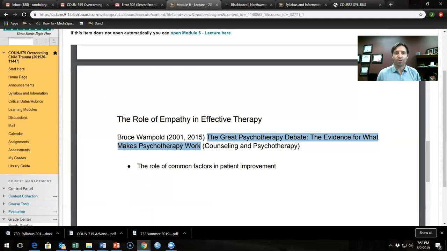In other words, there are these common factors that are responsible for the change, for people getting better. These common factors are what's really driving the effectiveness of therapy.